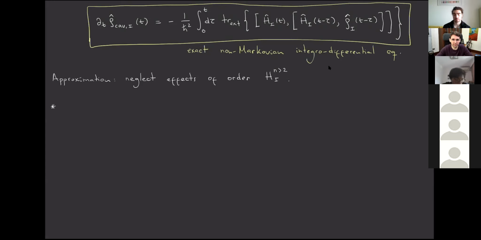So in particular, to see that we indeed have this kind of dependence, just imagine what is going on. At time 0, the state of the system is just this uncorrelated state in which we have the cavity state at time 0 times the environment state, so the external state at time 0.